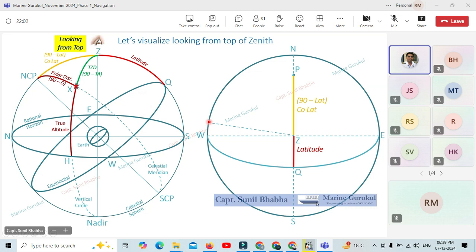This is how this vertical circle is going to appear. The point where this vertical circle touches the rational horizon, you see the vertical circle from Z going up to X touches the rational horizon at point H. This point H is going to be this particular point here, from the zenith going up to the rational horizon.